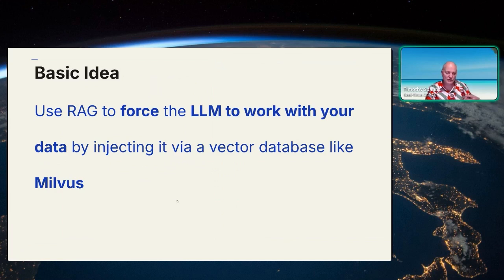We're going to use the RAG principle, retrieval augmented generation, which just means grab some stuff, put it in a context in your prompt, and send that to your large language model so that the large language model works with that data. Having that in a vector database means it's very easy to retrieve and it's very fast.